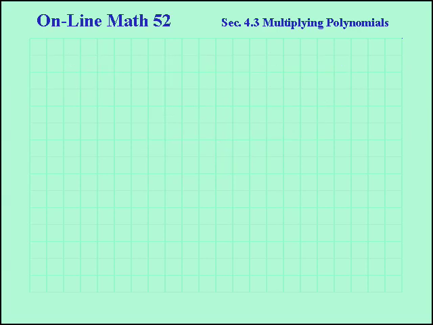Let's erase all of that and go on to the next page, page 4.3-2, example 2b. And this says that we have a single term, negative 5 x squared y, quantity squared.